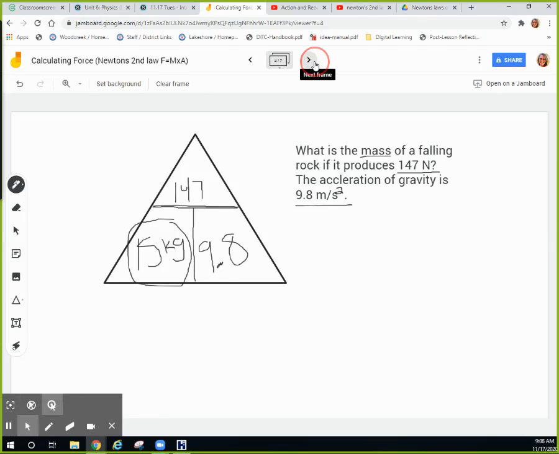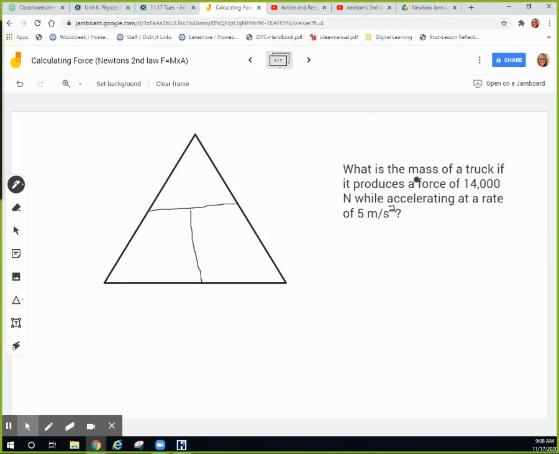All right, let's answer another one. What is the mass of a truck if it produces a force of 14,000 newtons while accelerating at a rate of 5 meters per second squared? So our force is 14,000, and your acceleration is 5 meters per second squared.